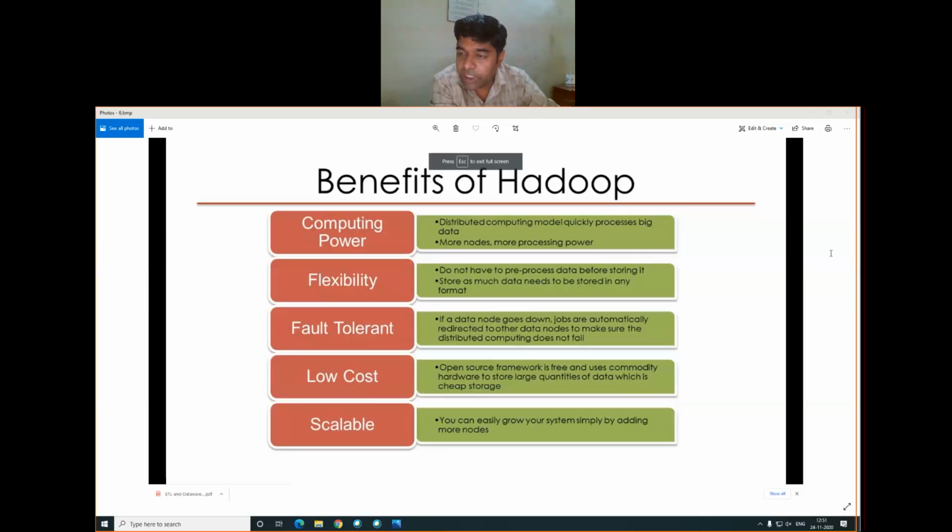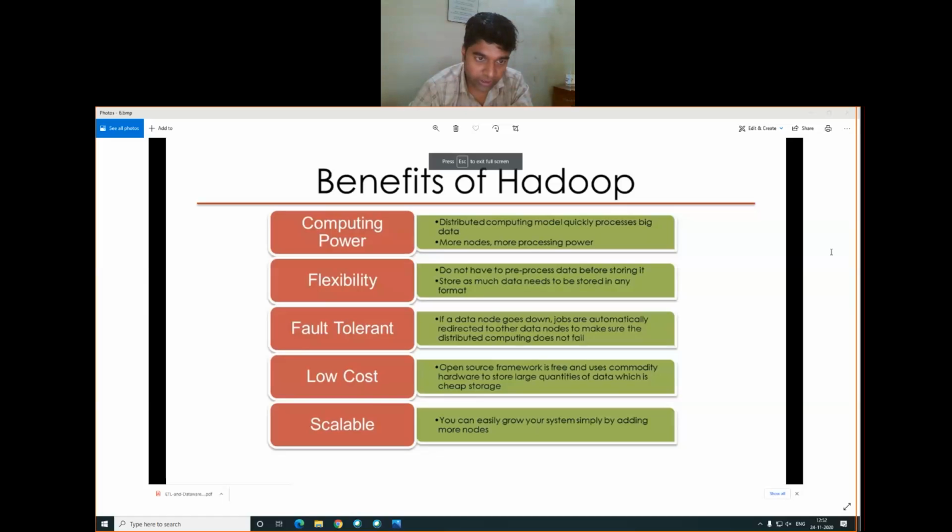And from an examination point of view, these points are also very important, because sometimes the question may arise: what are the benefits of Hadoop, what is the Hadoop ecosystem, what are the different components the Hadoop ecosystem contains, and what are the different benefits from using the Hadoop ecosystem.